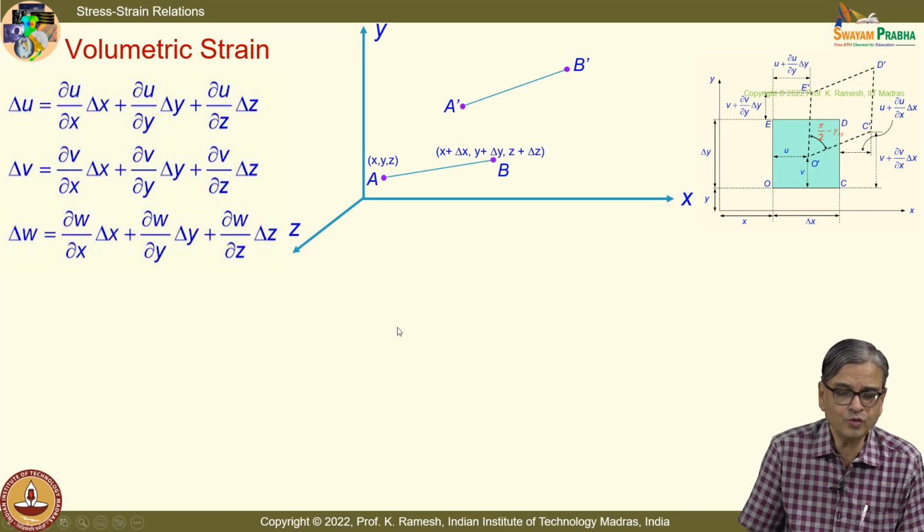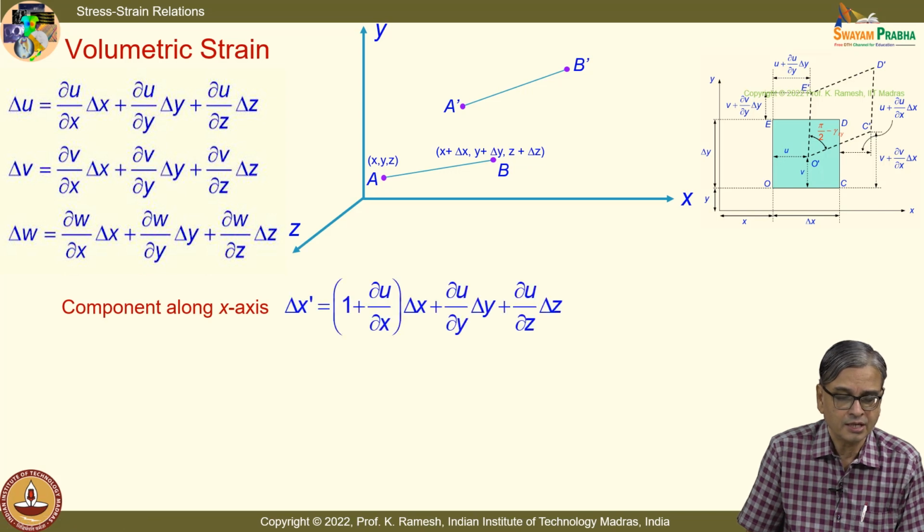Now, what I am going to do is, I am going to take an element which is along the x direction. Before that, let us also understand, when I go from AB to A prime, B prime, B prime has got shifted.